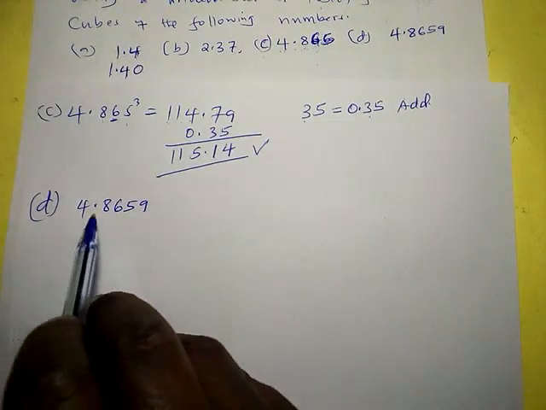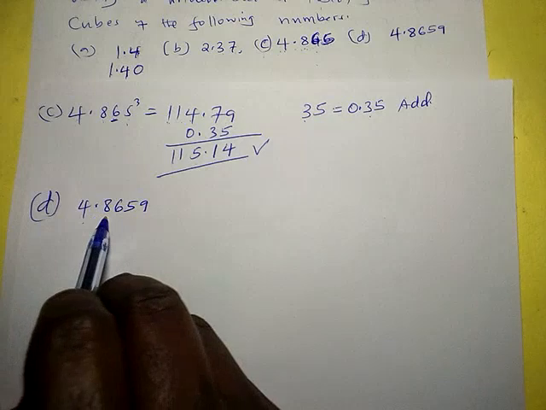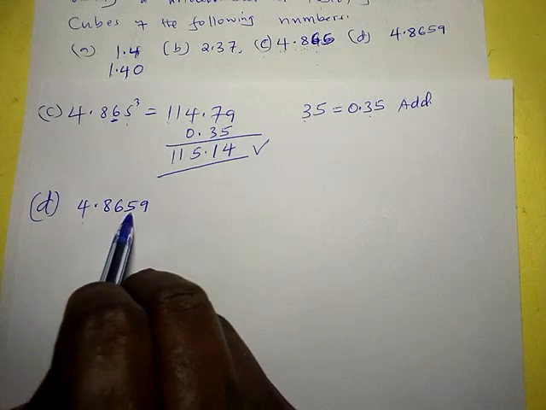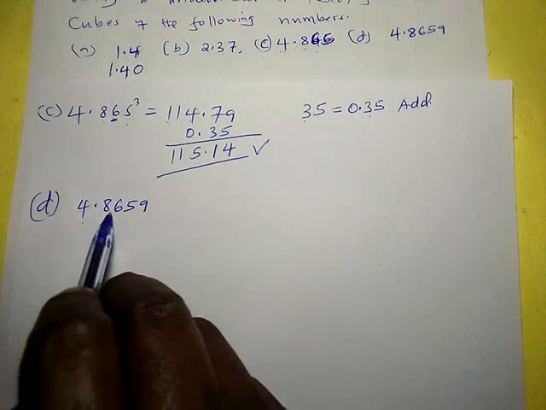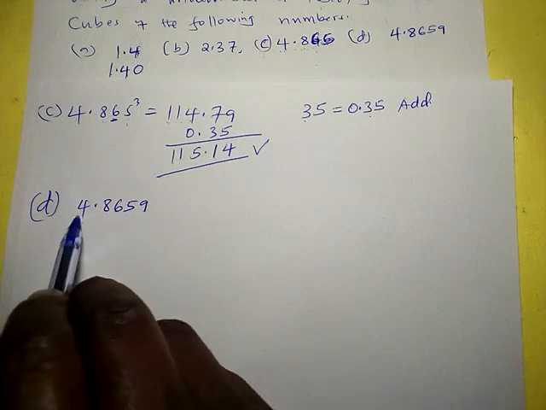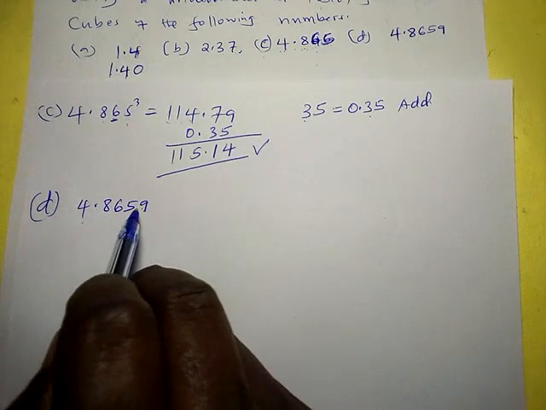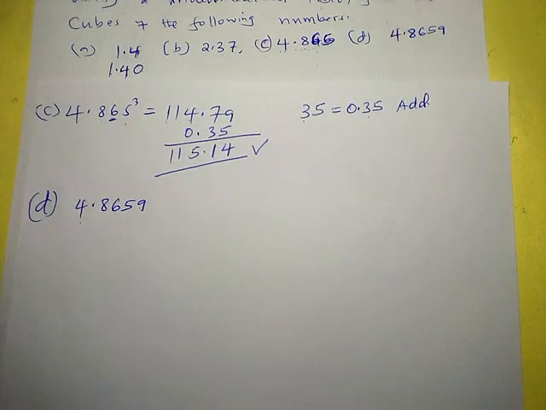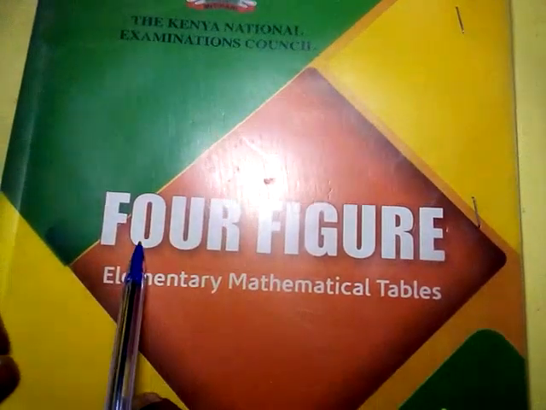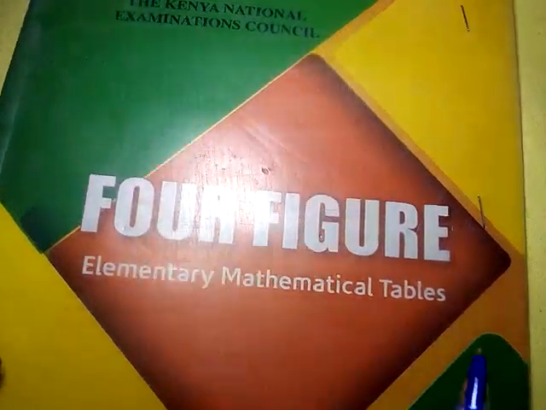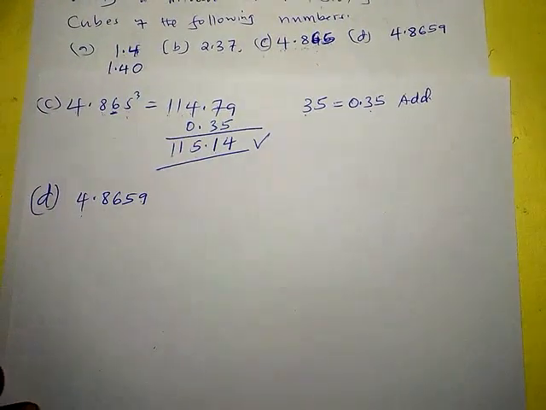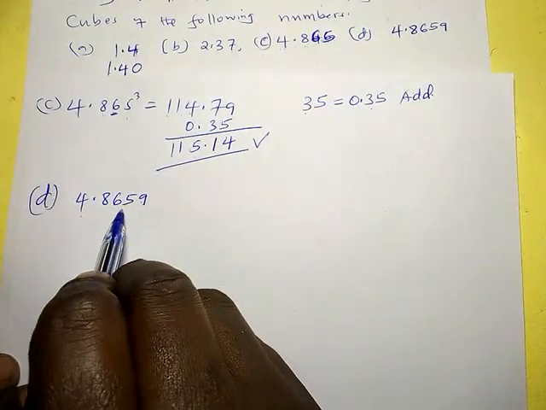Now, our number C was 4.8659. You can see that this number has how many digits? 1, 2, 3, 4, 5. And our table is called a 4-figure. If you have not seen, look at this. It's called 4-figure. Therefore, we cannot use a number that is more than 4 figures.